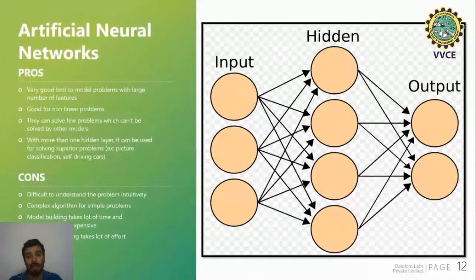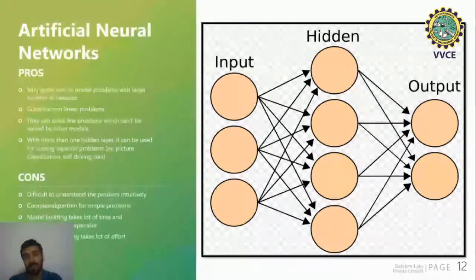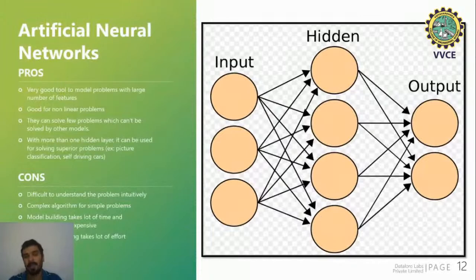If you're not able to get good prediction scores with those, then only is it advisable to come to artificial neural networks, because it is extremely complicated and takes a lot of resources to train your model.